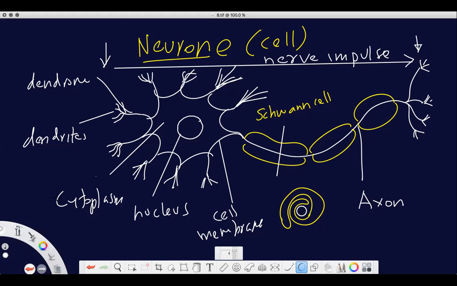Nerve impulse. And how it really travels in this neuron: if it starts from this end, it goes through the cell membrane. Using the cell membrane, it goes through the neuron to the other end, like this.